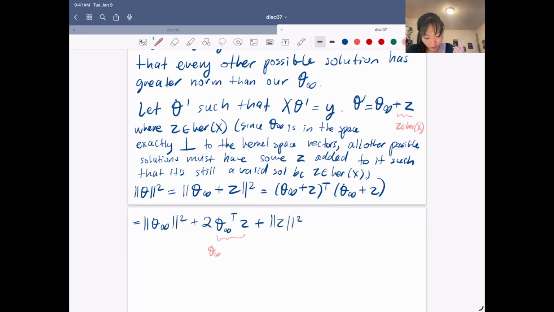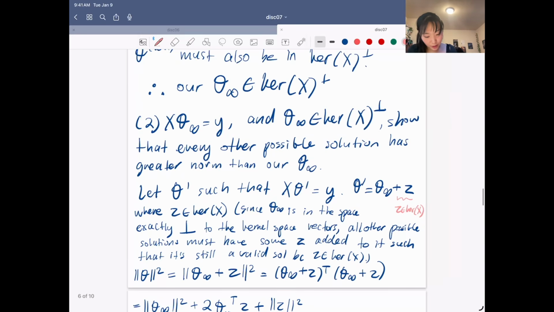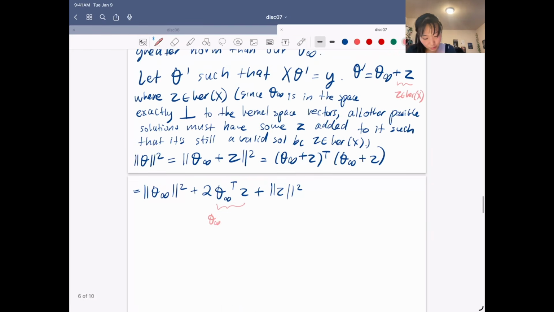Or like that's what we found just now, right? We just found that theta infinity is in the perpendicular kernel space. And since z is in the kernel space, this dot product must be equal to 0. And so this means that this entire thing must be equal to 0. And so we're left with theta infinity squared plus z squared.